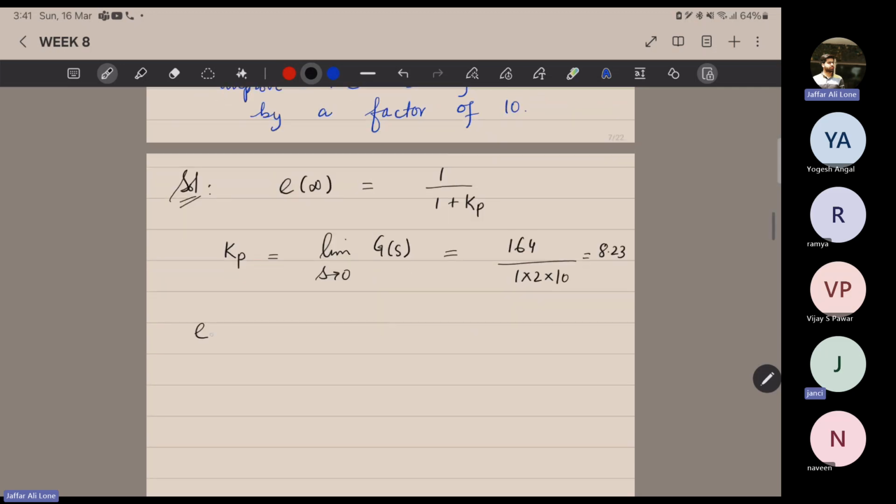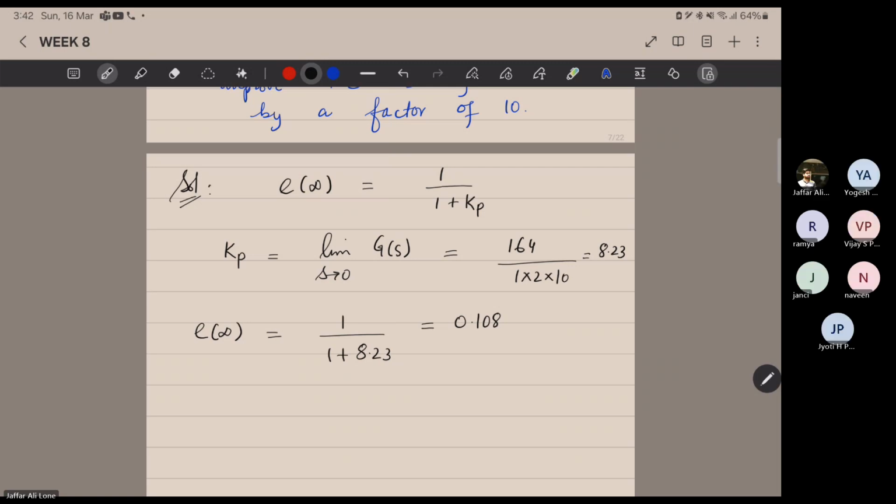And what will be my steady state error? It will be 1 divided by 1 plus 8.23, which comes out to be 0.108. Right, so this is the steady state error when there is no compensator added.